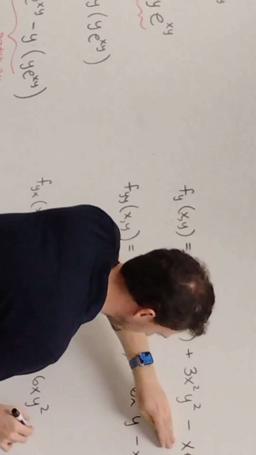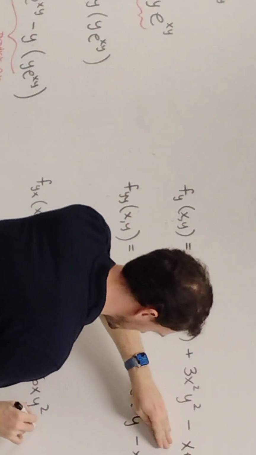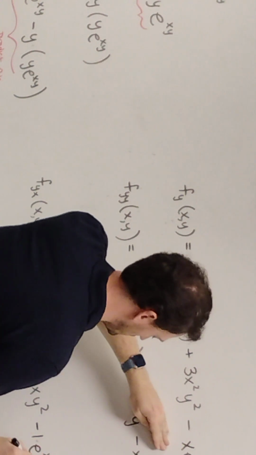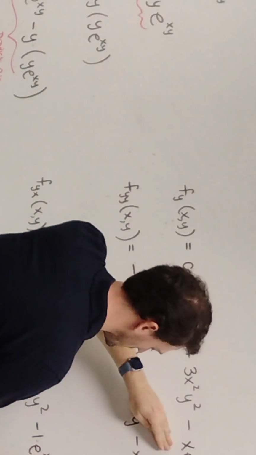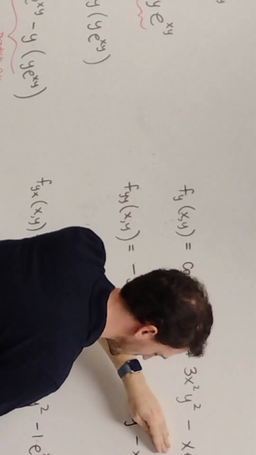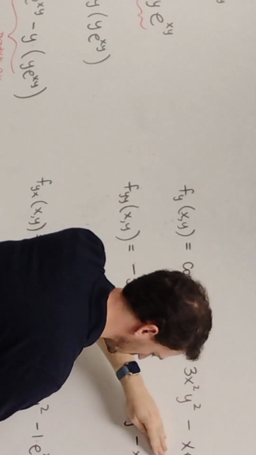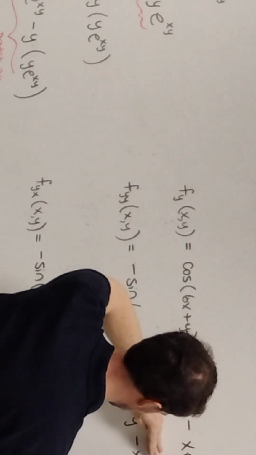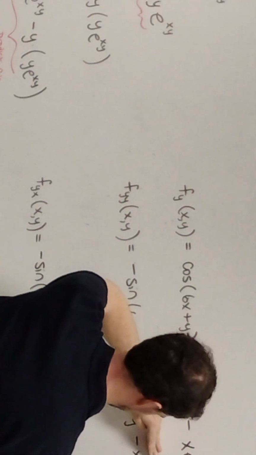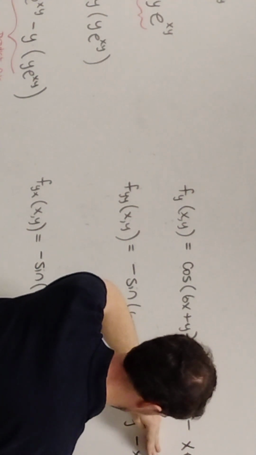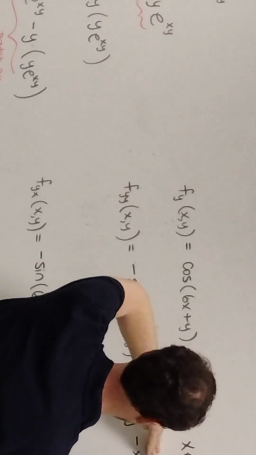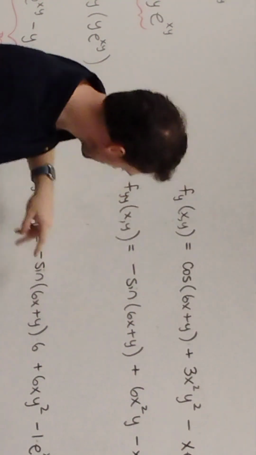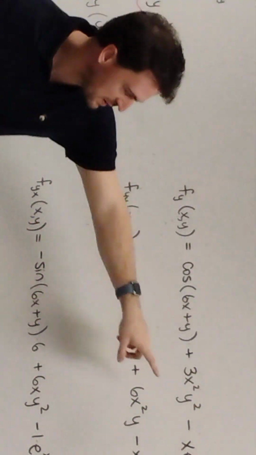We got derivative of the first, so minus 1, keep the second, and then keep the first, derivative of the second. And this is y, then x. It's going to be y, right? E to the xy? I'm taking the derivative with respect to x, and y is my coefficient.